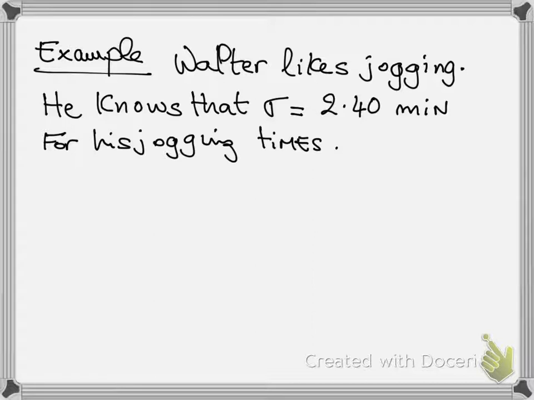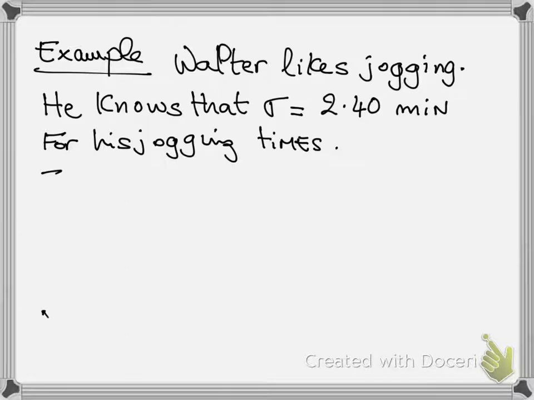Let's say now he doesn't know the average of all his jogging sessions, but he knows that the standard deviation for all his jogging sessions is 2.40. Now he took a random sample of 90 jogging sessions.